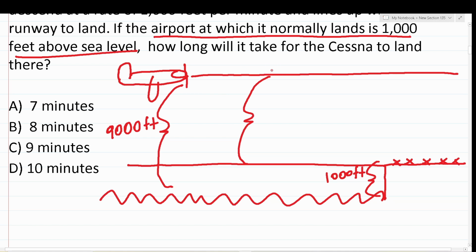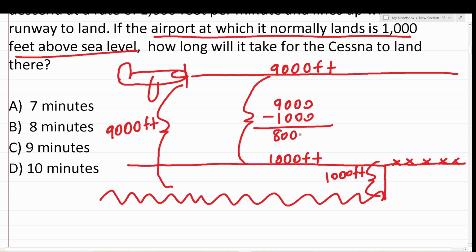Well, we know that this line right here is 9,000 feet, and this line right here is 1,000 feet. So the distance from this line to this line is going to be 9,000 minus 1,000. 9,000 minus 1,000 is 8,000. So in other words, this plane's going to have to travel 8,000 vertical feet to land on this runway.